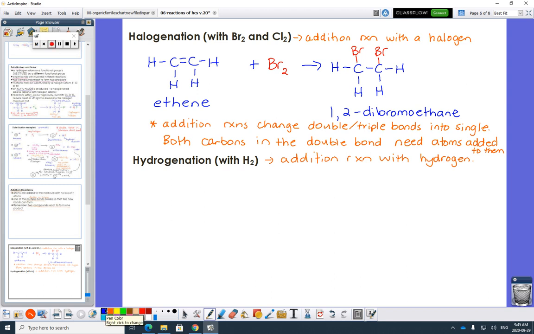If you prefer words, okay? So addition reactions change double bonds or triple bonds into single bonds. That means both carbons in the bond need atoms added to get to 4 bonds total.